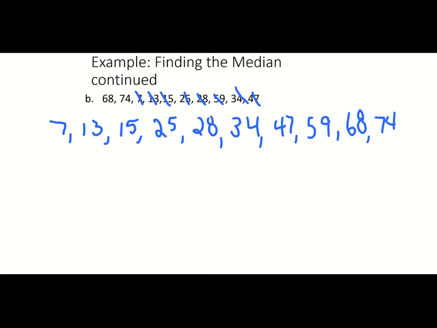And let's see here, how many data points do we have? We have 1, 2, 3, 4, 5, 6, 7, 8, 9, 10. So we have an even number. That means we're going to have 2 numbers in the middle.